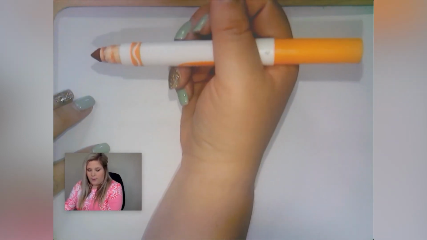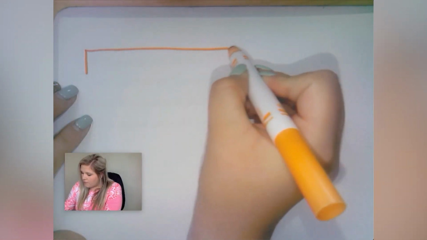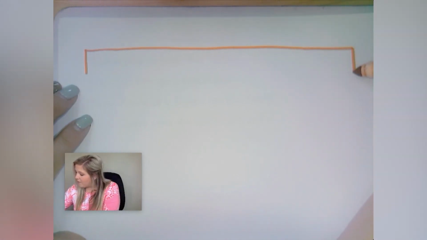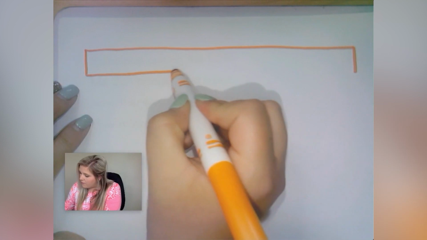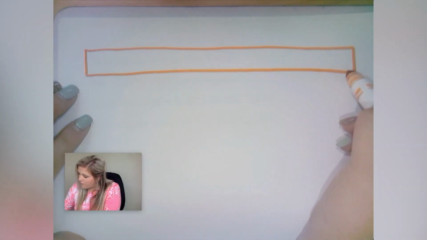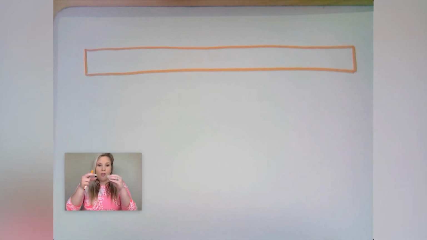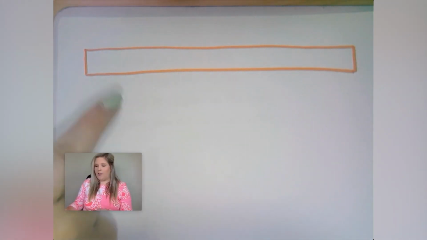To draw a number path, you're going to want to draw a long, skinny rectangle like this. Now you draw a long, skinny rectangle like that.